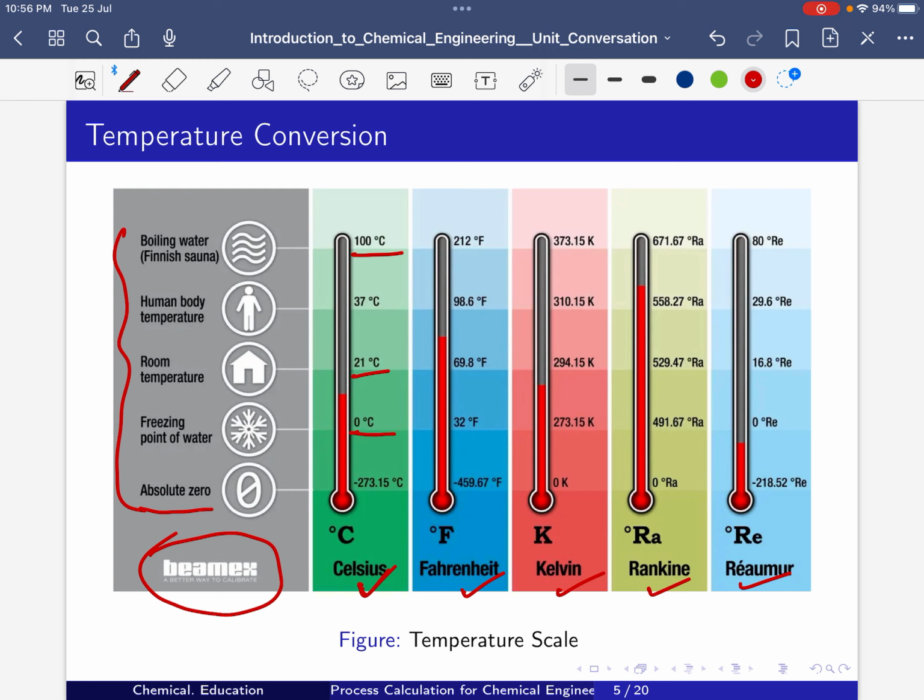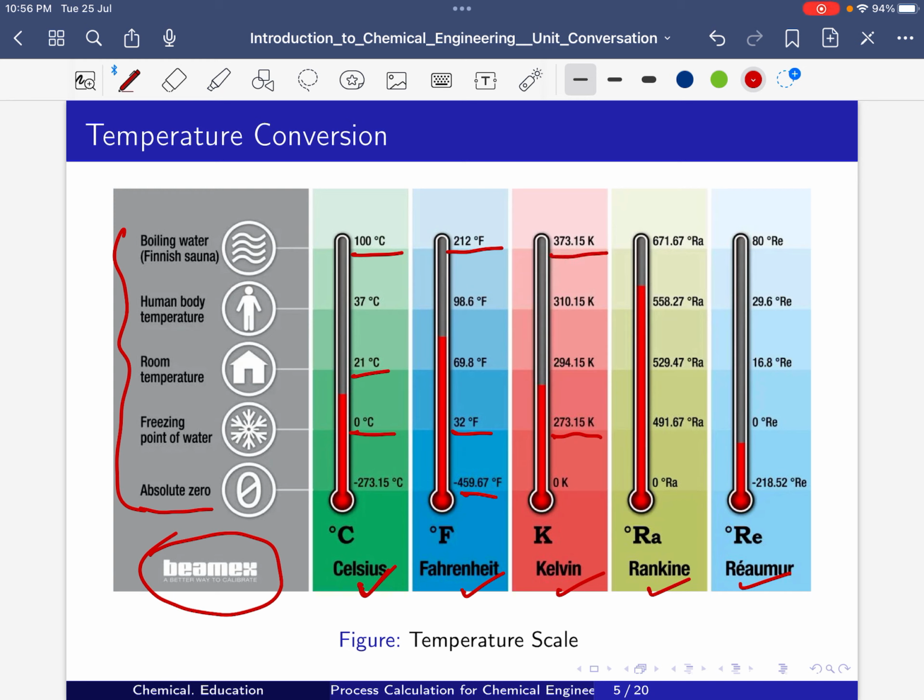If you don't remember that, you must remember the freezing point of water is 32 degree Fahrenheit and the boiling point is 212 degree Fahrenheit. Later I'll show you how to convert from one scale to another. The freezing point of water in Kelvin is 273.15 K, and the boiling point is 373.15 K.